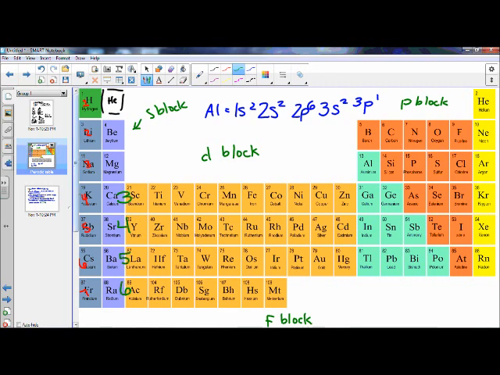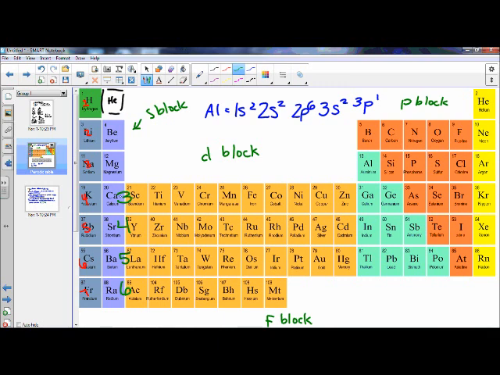So when the orbitals are getting filled up, the 3s on level 3 gets filled up, the 3p gets filled up, you would think that 3d would come next. However, the 4s orbital actually has a little bit lower energy than the 3d orbital. So the 4s gets filled up before 3d.